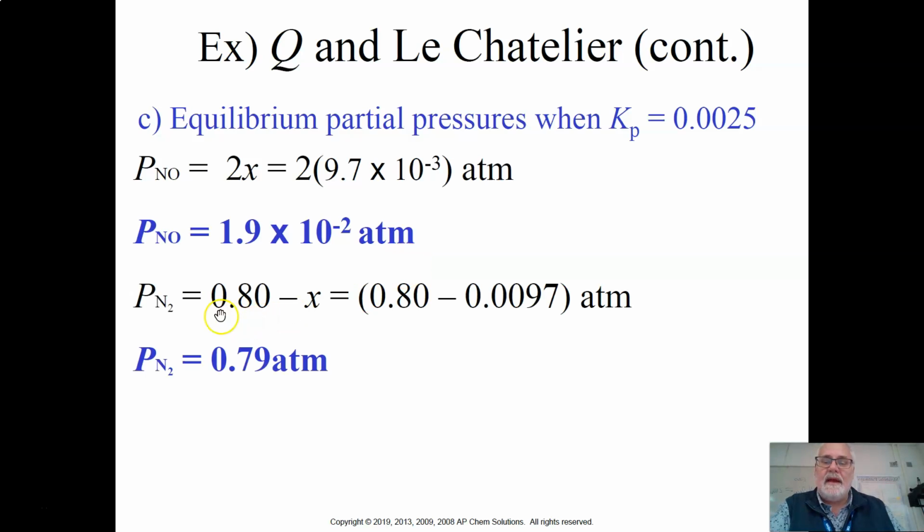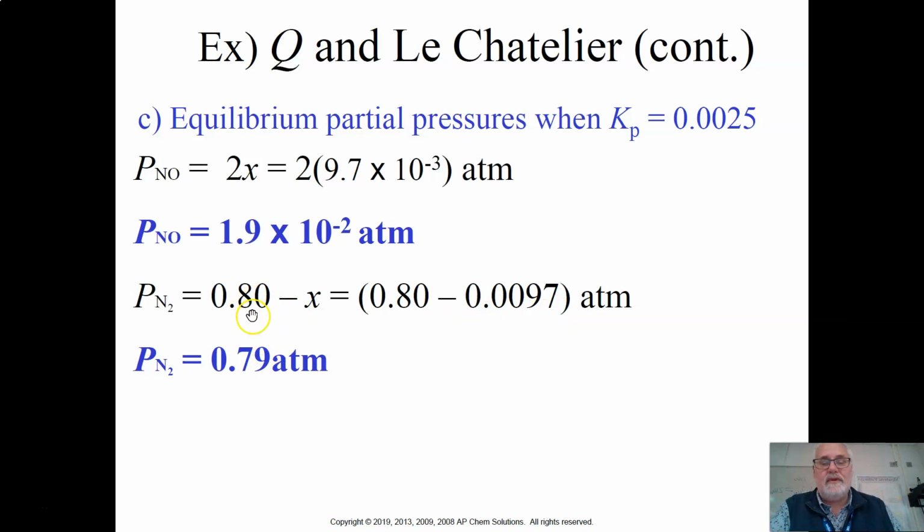Now, the nitrogen is 0.80 minus X. Before that was so small that it didn't change the 0.80. Now, if you'll notice this on your calculator, and you're going to adhere to your rules, this is the least accurate, the 0.80. So you can't have anything past this right decimal point there, 2 places to the right, and this is 4 places to the right.